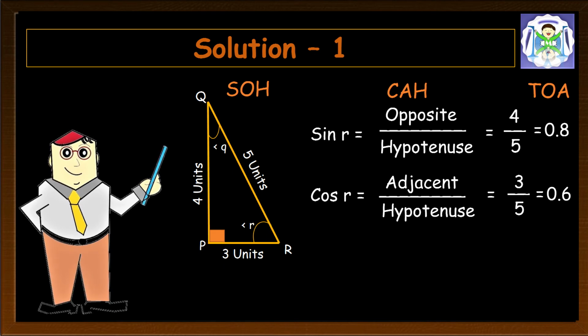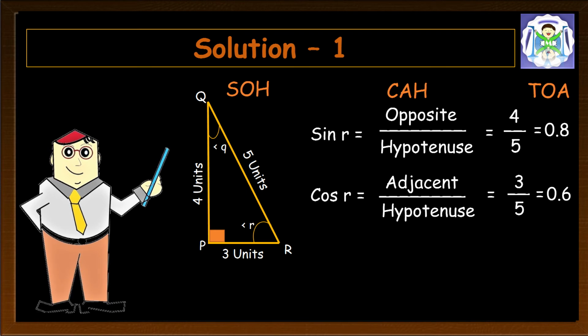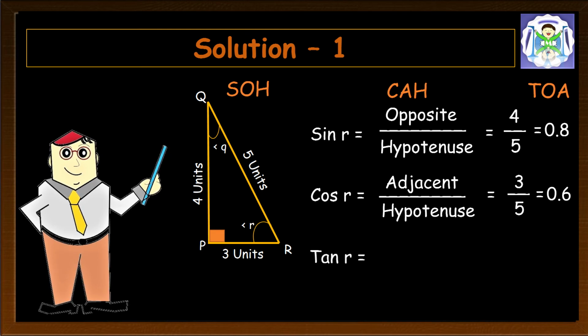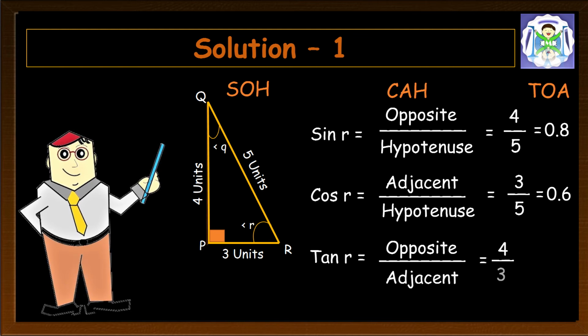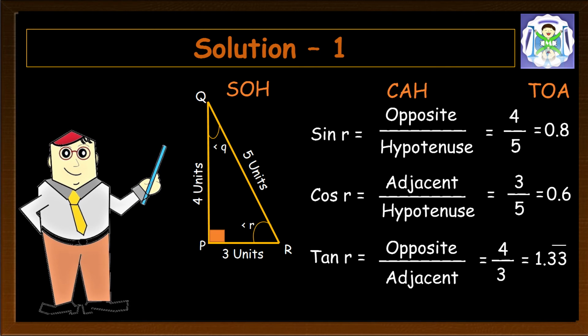Now I will give you 5 seconds to find tan R. Think. Got it? Okay, it's very simple. It's opposite over adjacent, which is 4 over 3, so it is 1.333, and you can write 1.33 bar. That's it. We did it.